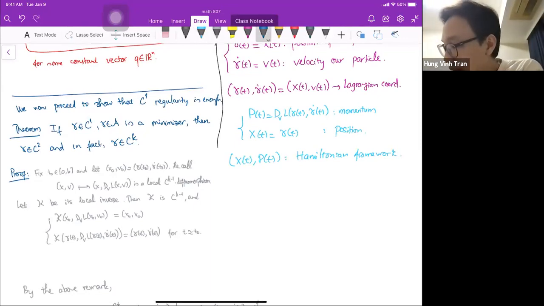So from here, we can write out our Hamiltonian ODEs.